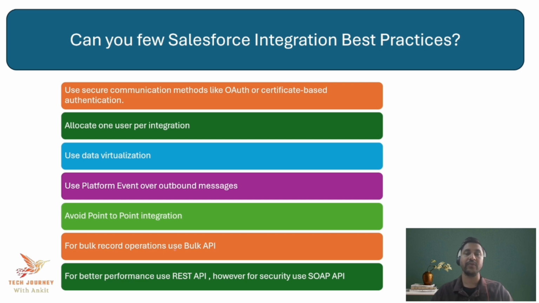And in case you are looking for better performance and you are performing data related operations, then go for the REST APIs. However, if security is of prime importance, which is the majority of the time true for financial institutions, stick to the SOAP API. So again, based on business requirements, you can always decide out of the lots of APIs that Salesforce offers.